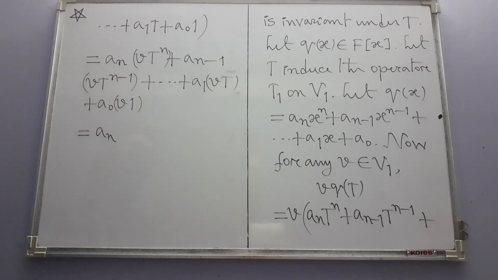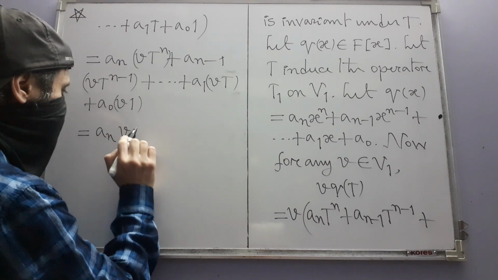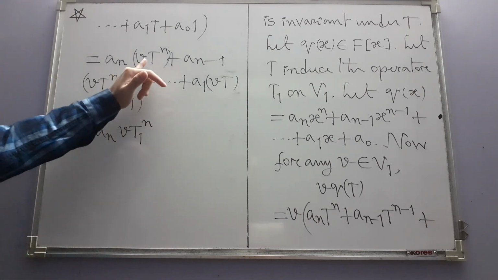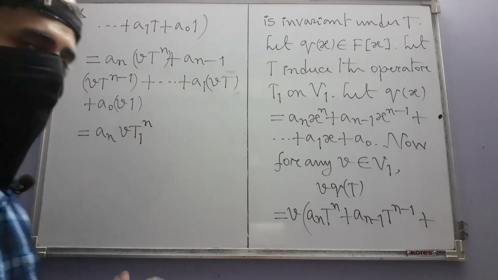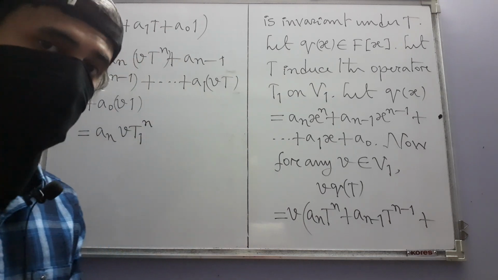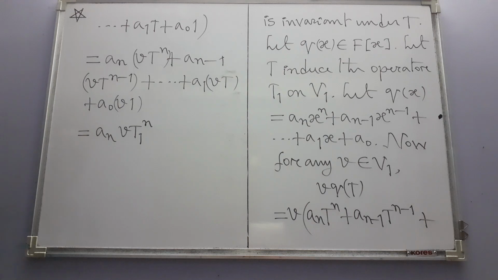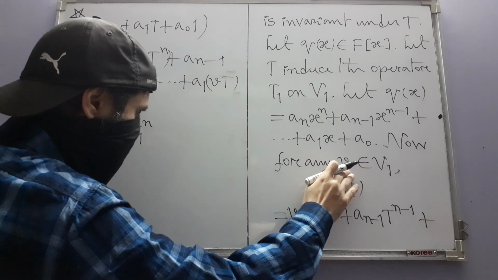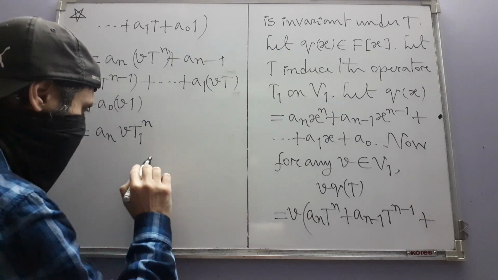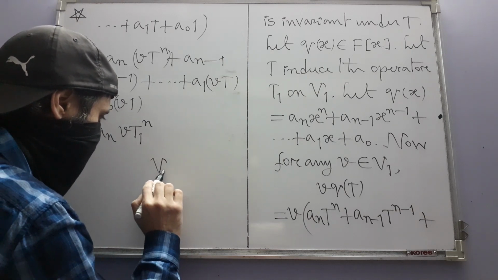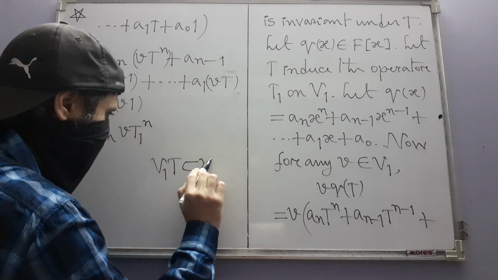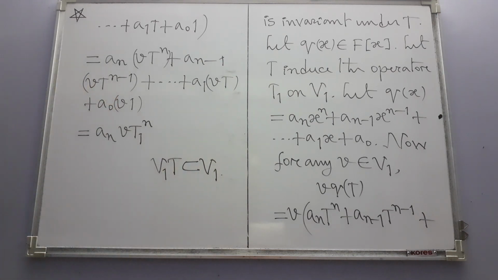Okay. Now the thing here is that I want to write this, in place of T, I am writing T1. Is it justified? Yes, it is justified. Why? Because our subspace V1, from where this v is coming, is invariant under T. This means that the image of V1 under T is contained in V1.